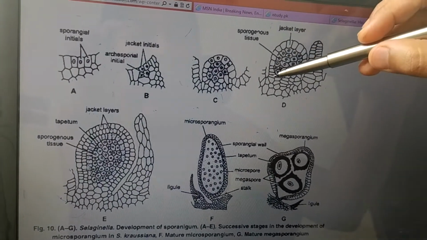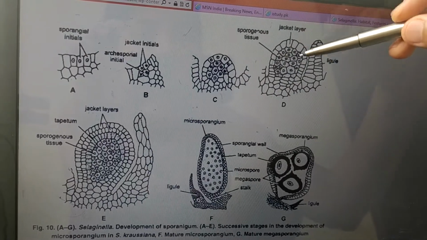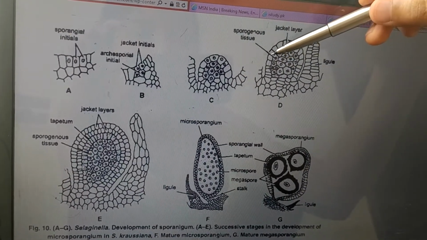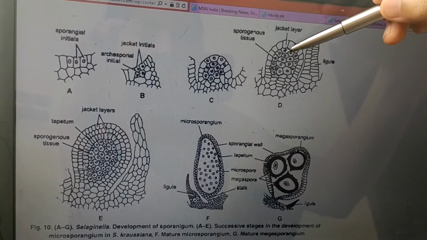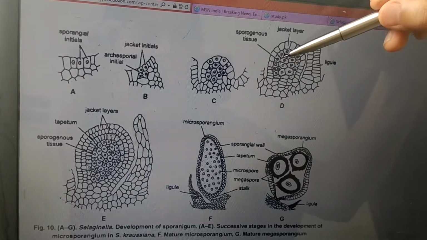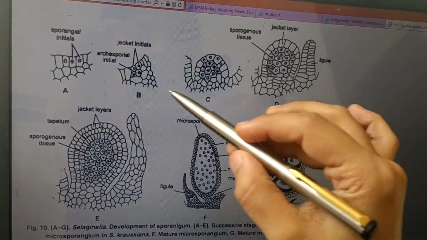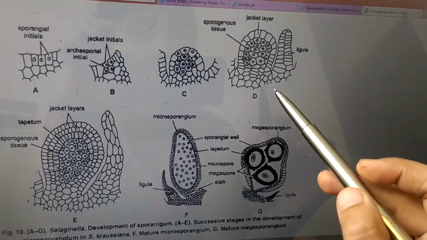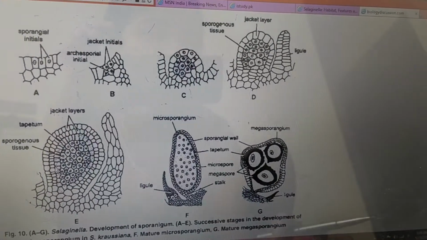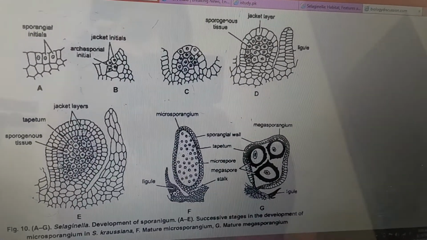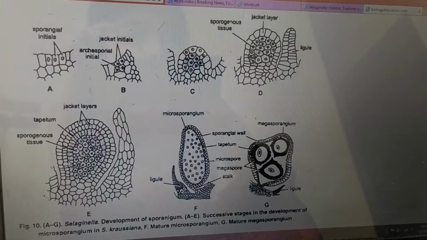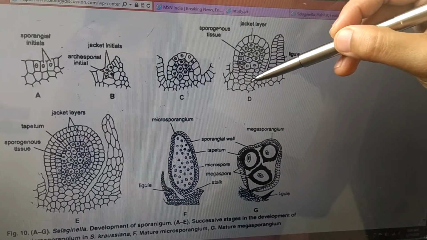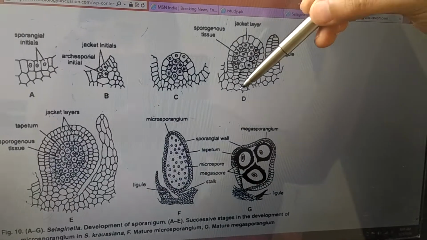This archesporial initial will divide in all possible directions, leading to formation of the sporogenous tissue, and the basal cells also divide and form the base of the sporangium. With the help of this base, they attach to the leaf, the fertile leaf. So these form the stalk or the base of the sporangium.